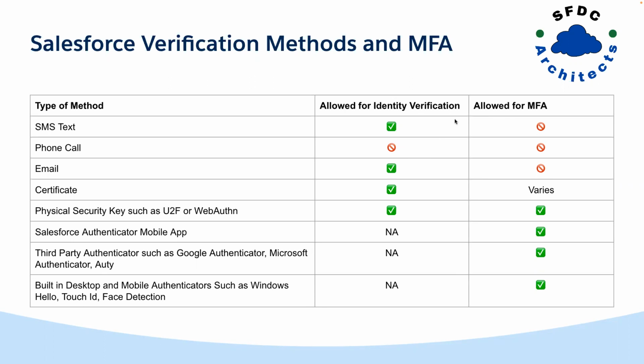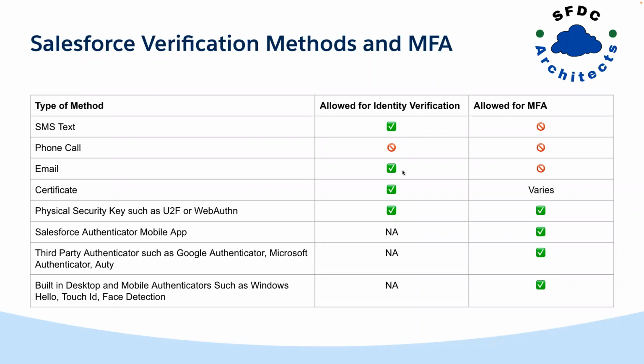When they ask the question, you want to make sure you understand if they're asking you for an MFA factor or just identity. SMS is enabled by default by Salesforce, and to get that turned off, you have to open up a case. If you have any other identity verifications enabled for your user, so let's say I had registered my phone for SMS text, it will not let me verify with an email.